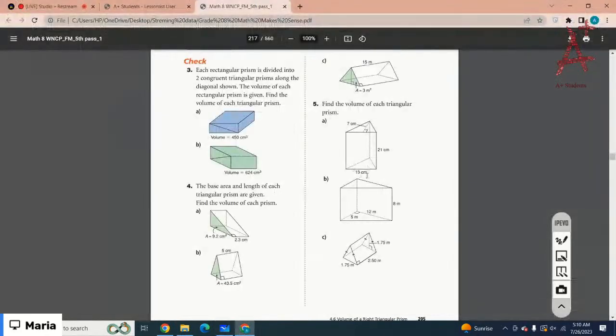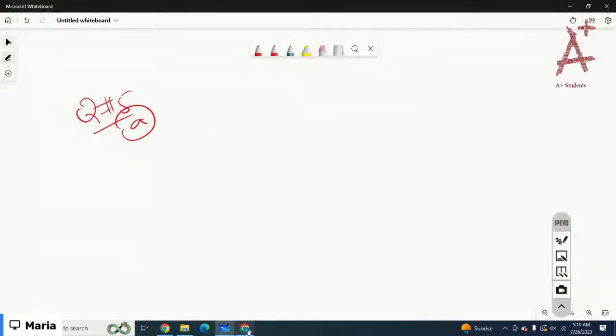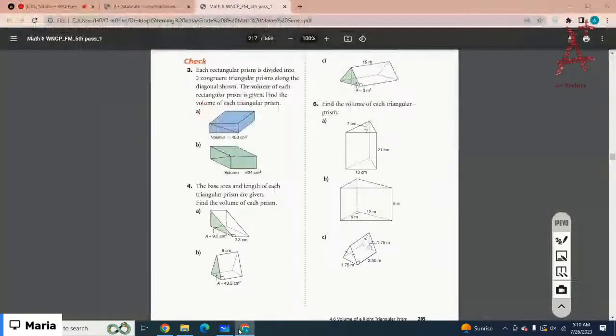Okay, the base of the triangle is 13 and the height is 7. So the area of the triangle is half times b times h. b is 13 and height is 7.